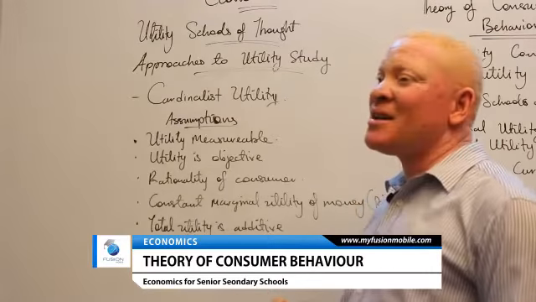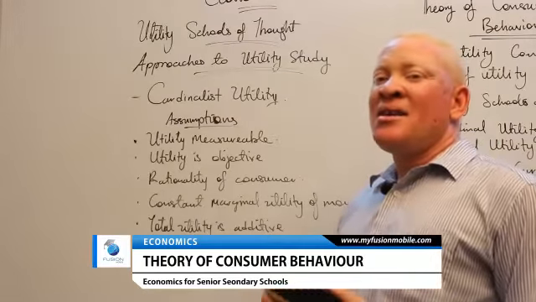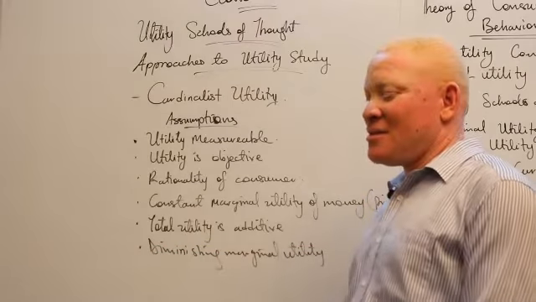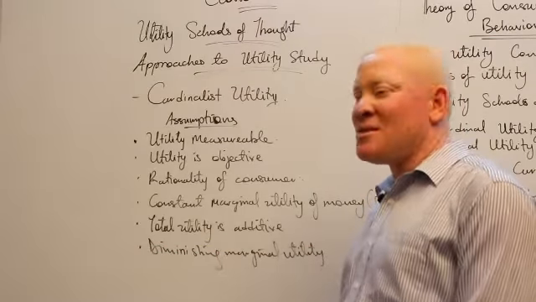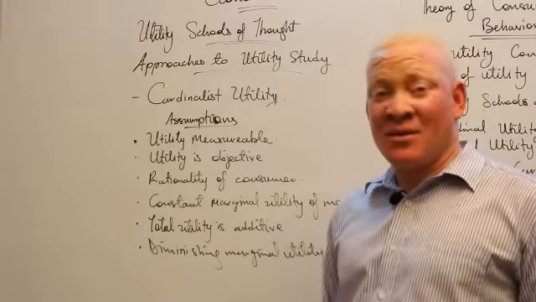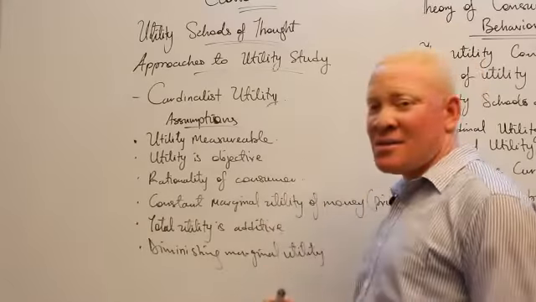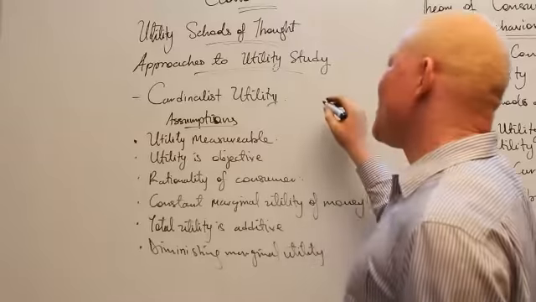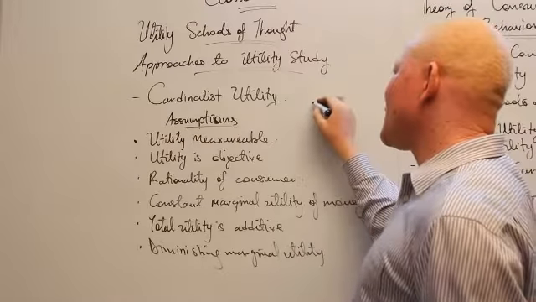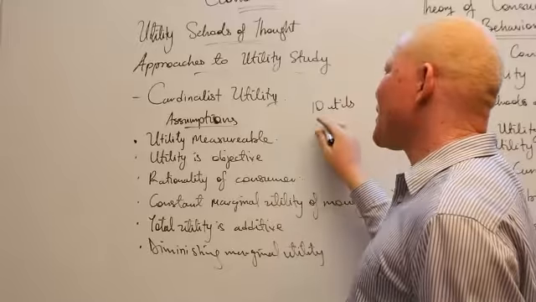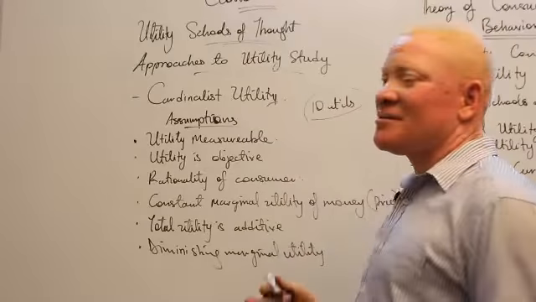Objectivity in this case means that each person, provided we consume the same quantity of the same commodity, should derive the same level of satisfaction. That is the objectivity in utility. If I consume a plate of rice, I get 10 utils, which means someone else who consumes the same plate of rice will get the same 10 utils.